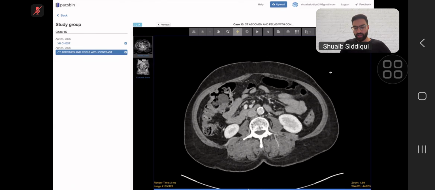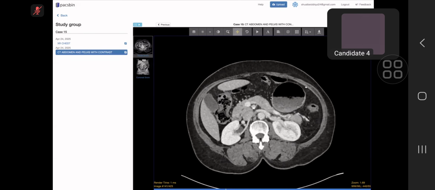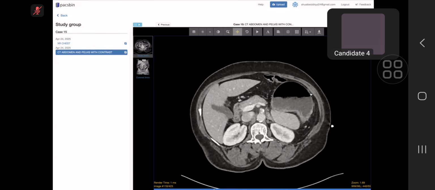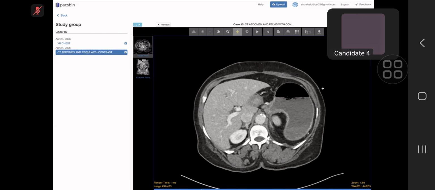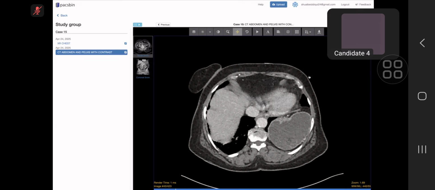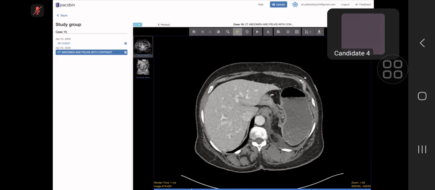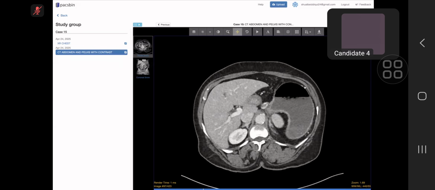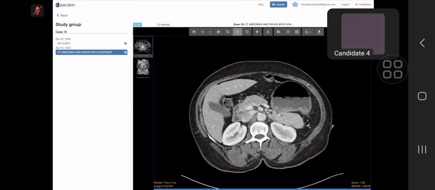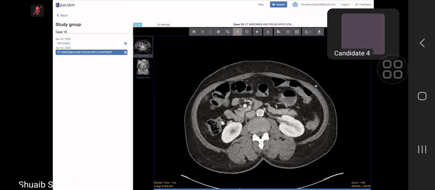So tell me, what do you think the diagnosis is? Is there any history? I would like to take any history of trauma. There's no history of trauma. Okay, so the other possibility can be that the stomach is also dilated, and there is also an air fluid level noted in the stomach.